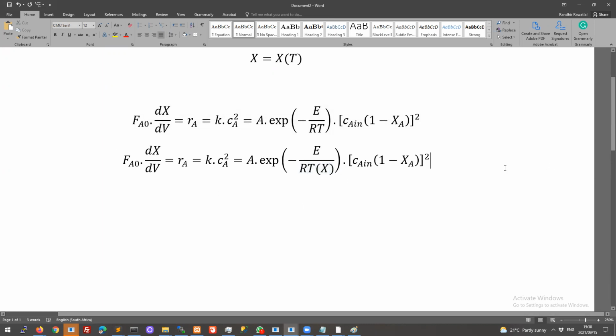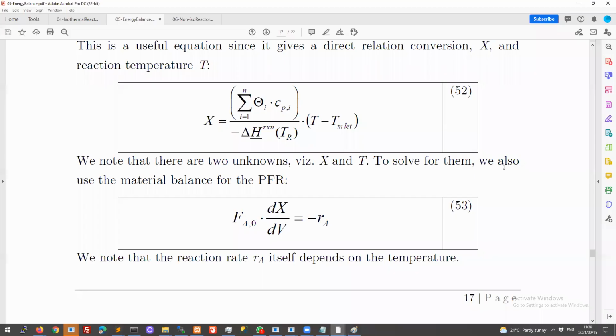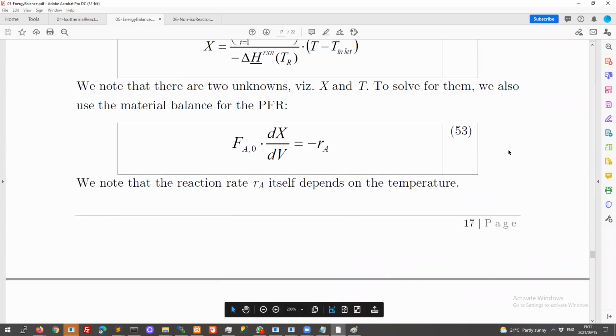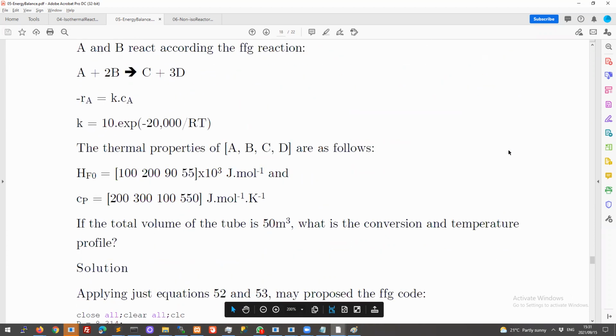So the energy balance makes it possible to solve our material balances even when the temperature is changing. That's in effect what we look to it for. We still want to solve our material balances, but we want to relax the approximation that the temperature is constant. So temperature doesn't have to be constant anymore.